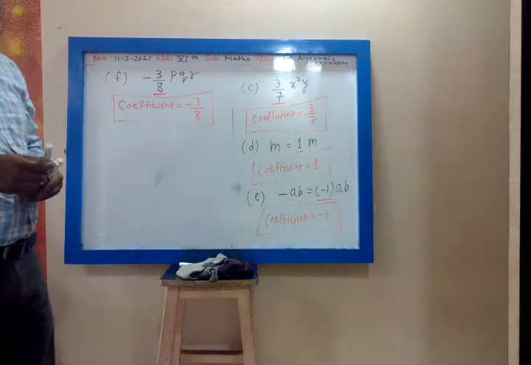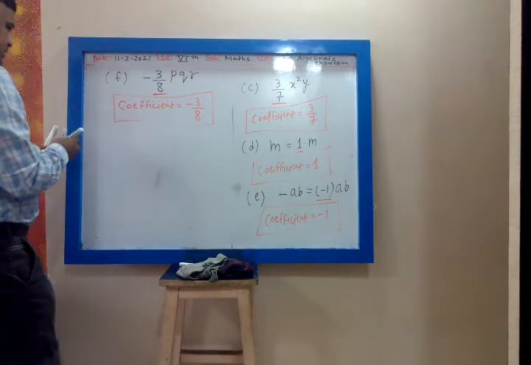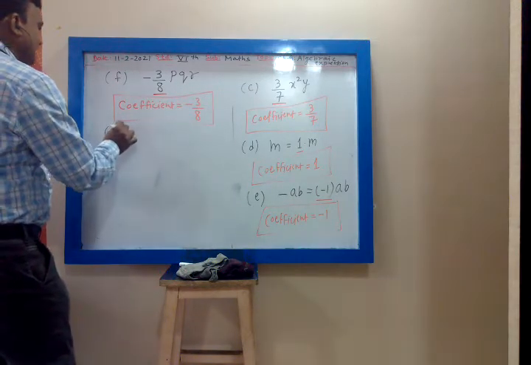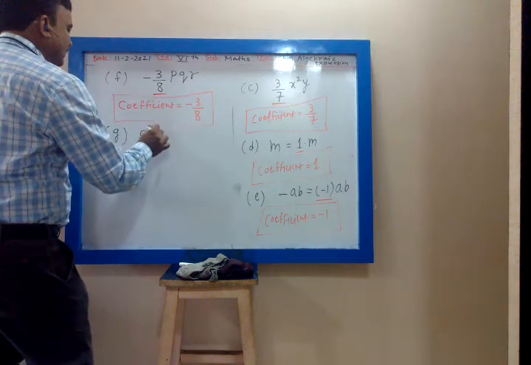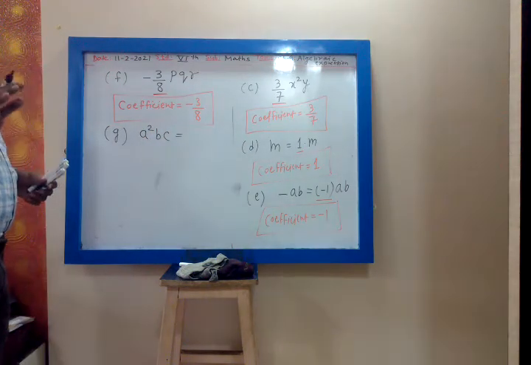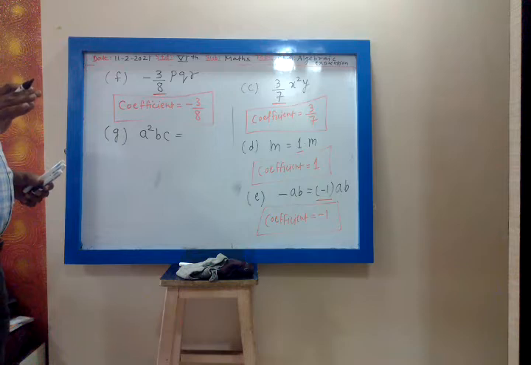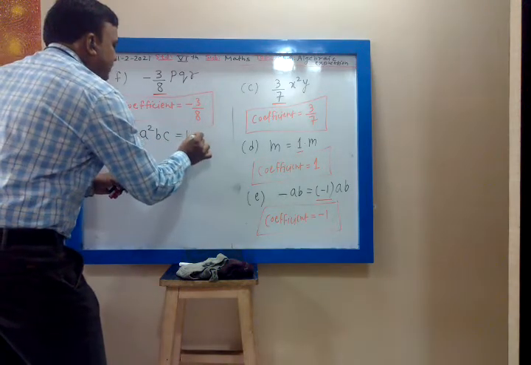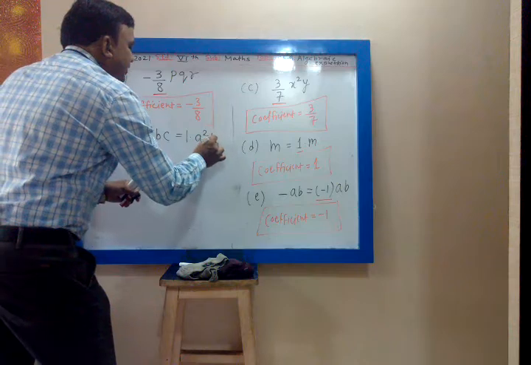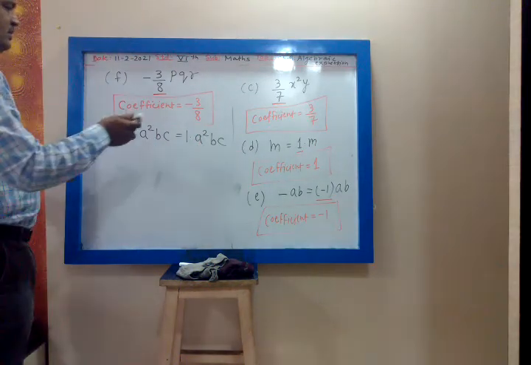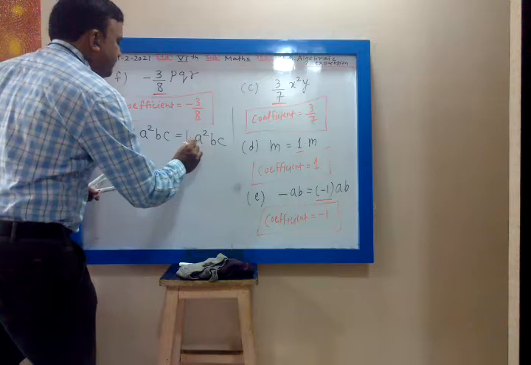Then G is a square BC. That power we don't consider as the numerical coefficient. We consider the numerical coefficient 1, because a square BC I can write as 1 into a square BC. A, B, C are variables. What is the number attached to this? 1.